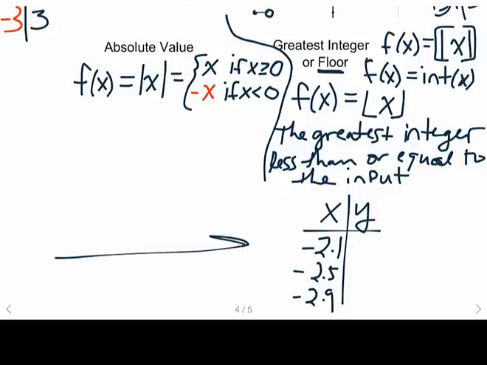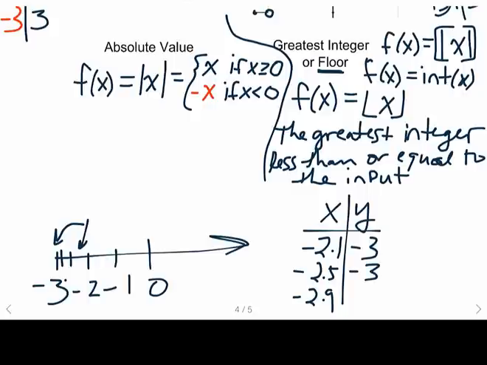If we consider a number line here, -1, -2, then the greatest integer smaller than or equal to -2.1 is -3. Same thing for -2.5, for -2.9, and so those are going to be the outputs for each of these numbers.